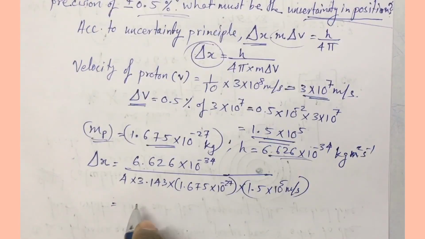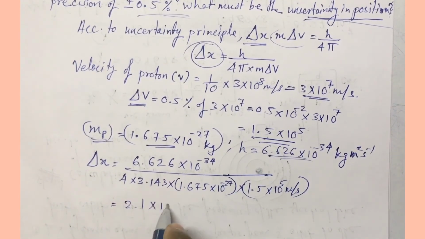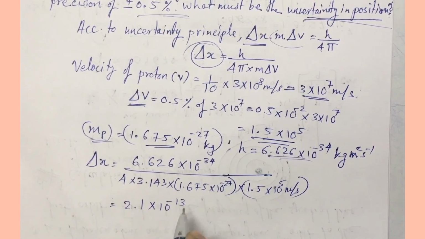Okay, while calculating we get it as 2.1 into 10 raised to minus 13 m.